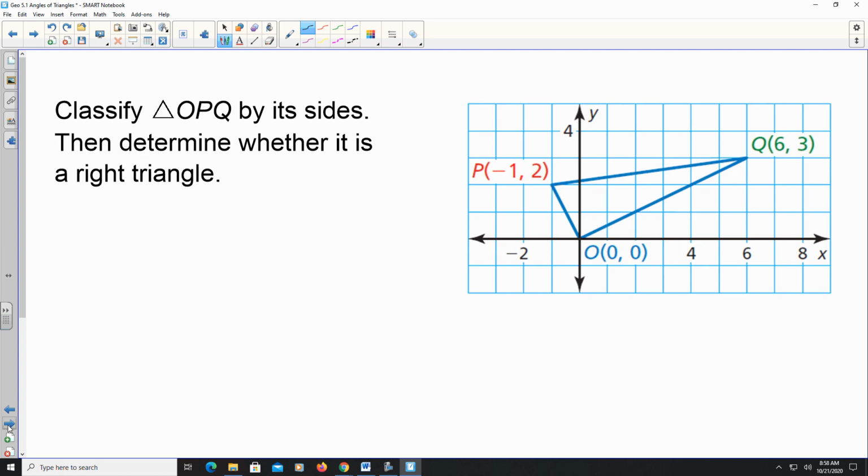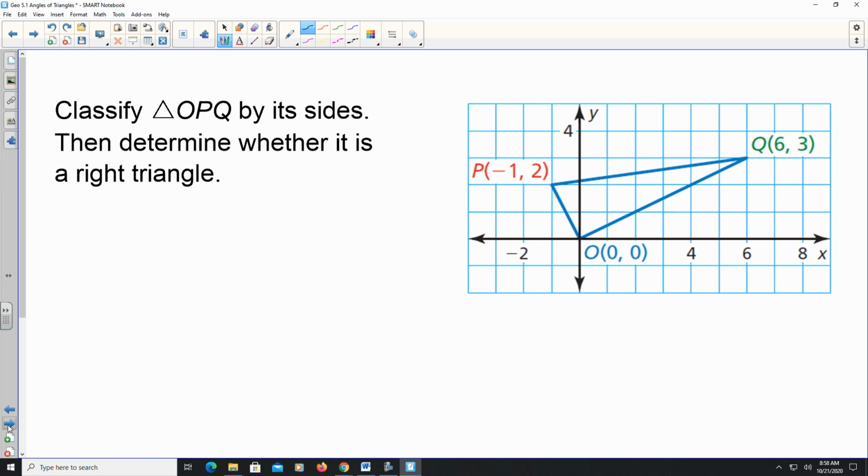Here we have a triangle that is in a coordinate plane, so we have coordinates there, and it's triangle OPQ. It says classify it by its sides, and then they want you to determine whether the triangle is a right triangle.